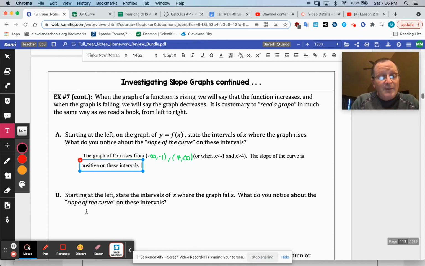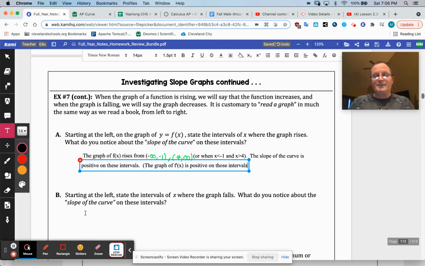But another thing you could say at the same time is that the graph of f prime of x is positive on those intervals. This is all saying the same stuff, so either way you go, you're okay on that.